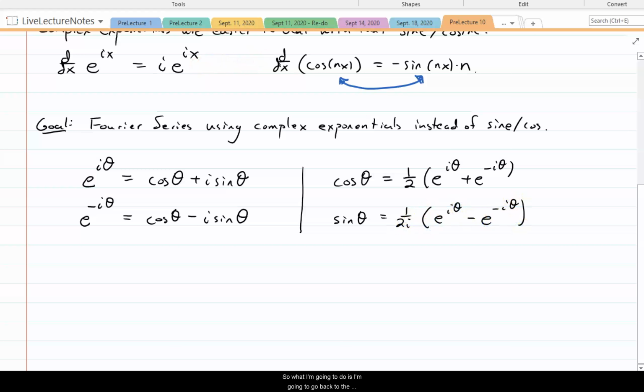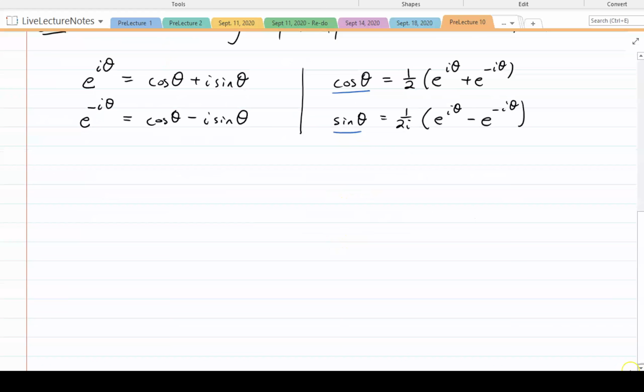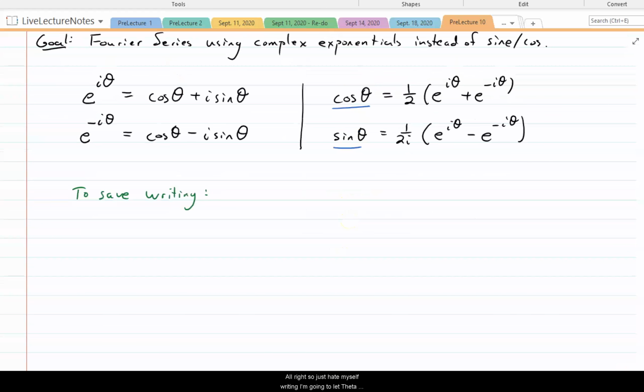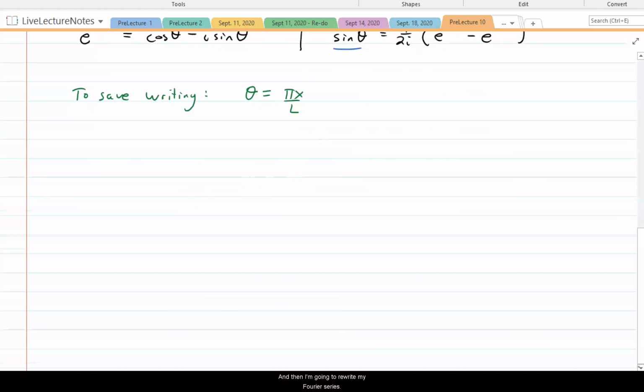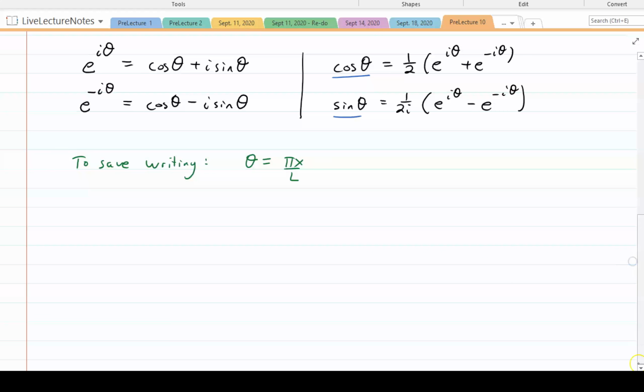So I'm going to go back to the Fourier series and remove the sine and the cosine using Euler's formula. To save myself writing, I'm going to let theta equal pi x over L.